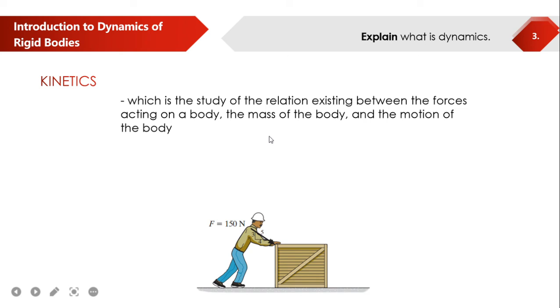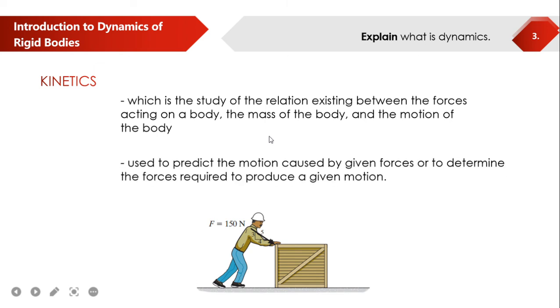This is actually Newton's second law of motion: the acceleration of a particle is directly proportional to the resultant force acting on the particle and its mass. Kinetics is used to predict the motion caused by a given force.